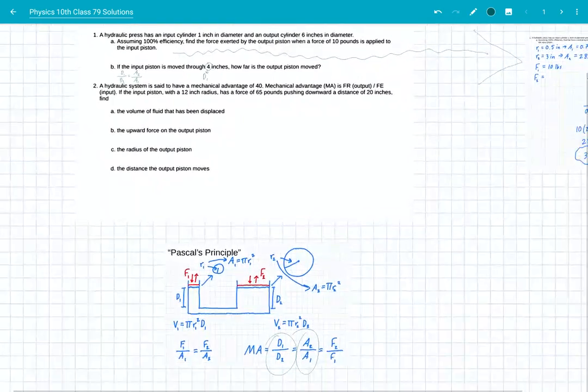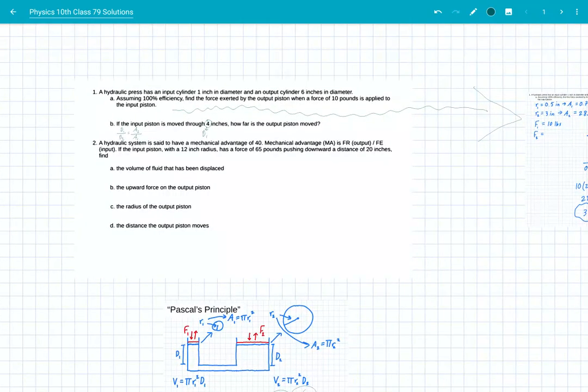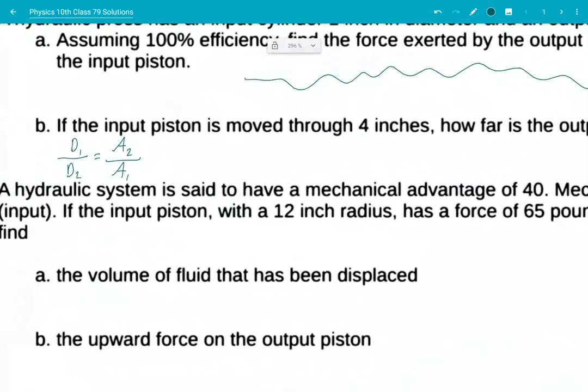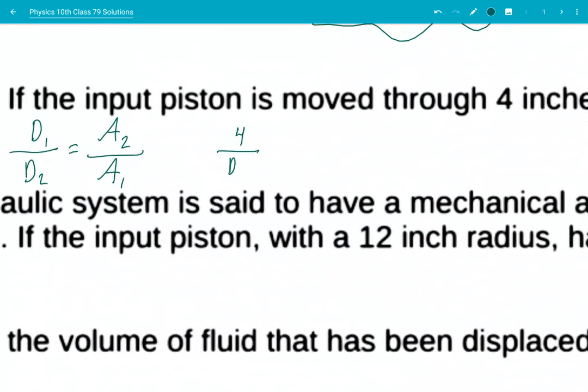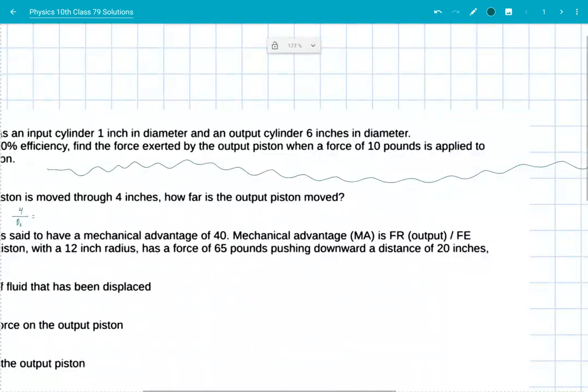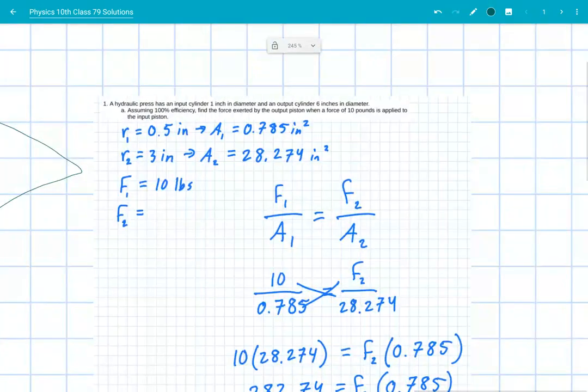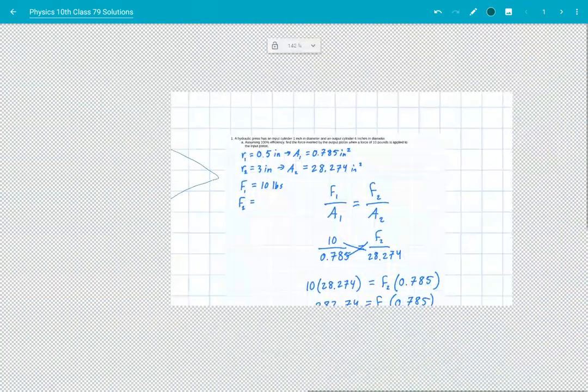And that is exactly correct. So now let's fill in all the information that we know. Like I just said, D1 is 4 inches. So we're going to say 4 over D2 equals A2, we know from part 1A. A2 is 28.274.